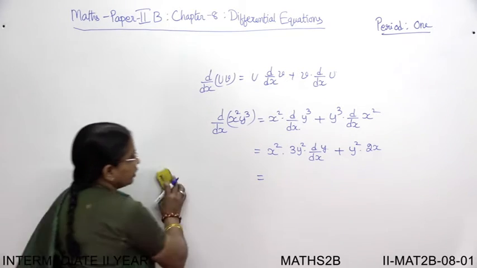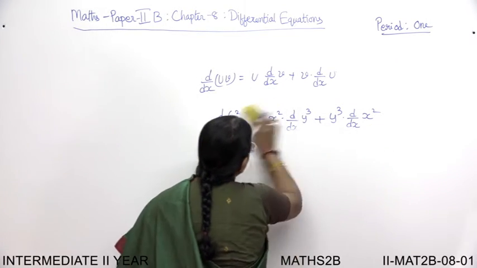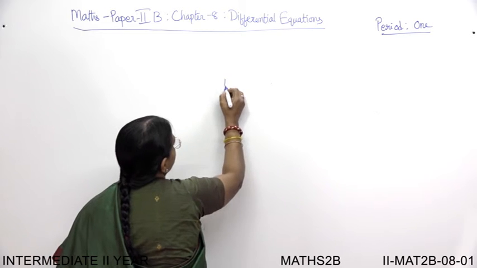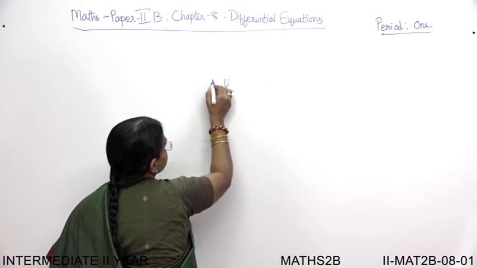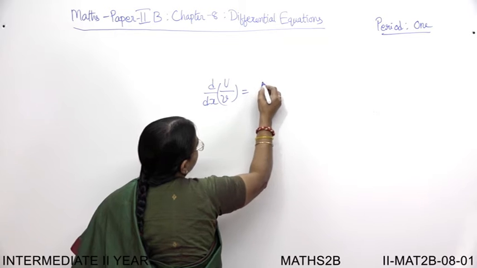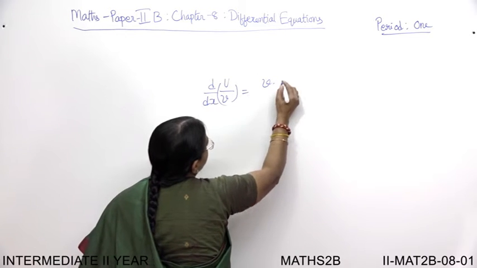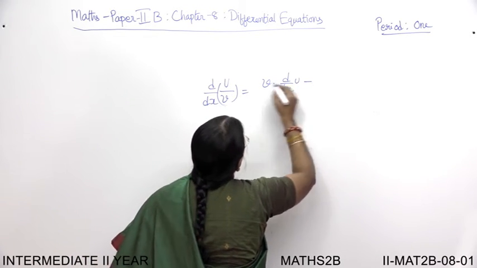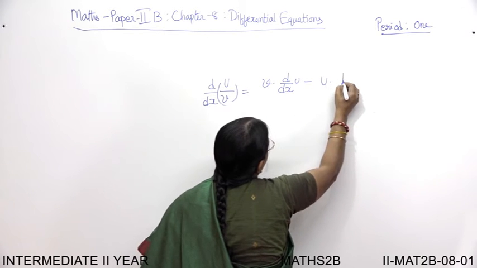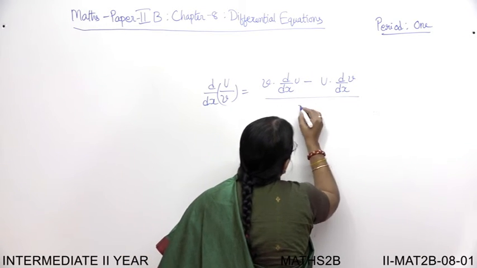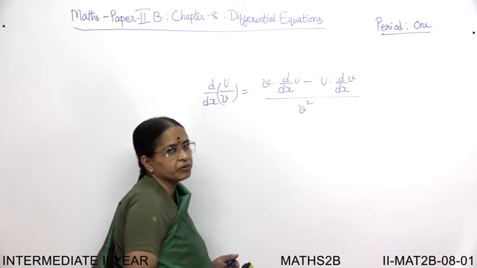Now suppose you have a quotient function. Suppose u and v are two functions of x. Then d by dx of u by v is equal to the denominator into the derivative of the numerator minus the numerator into the derivative of the denominator, all divided by denominator square. This is the formula.